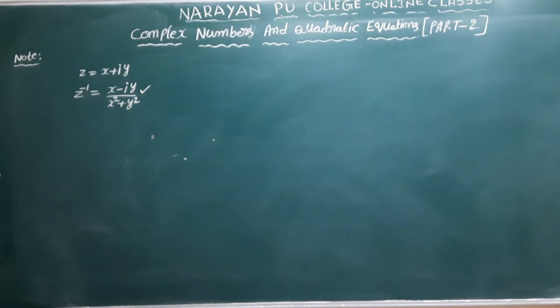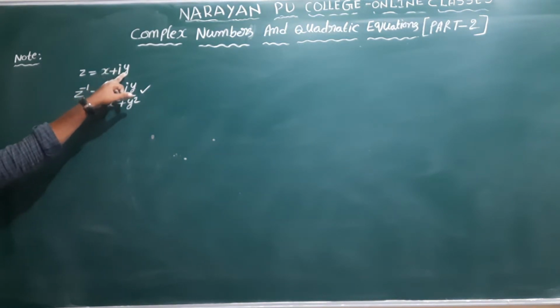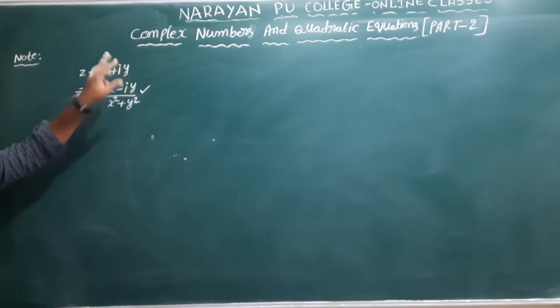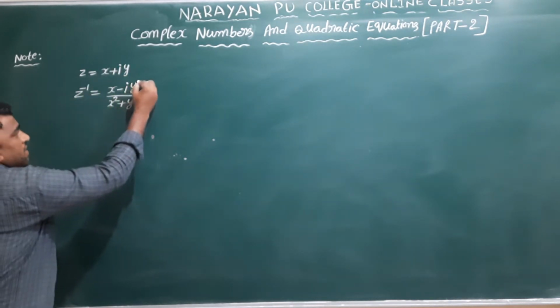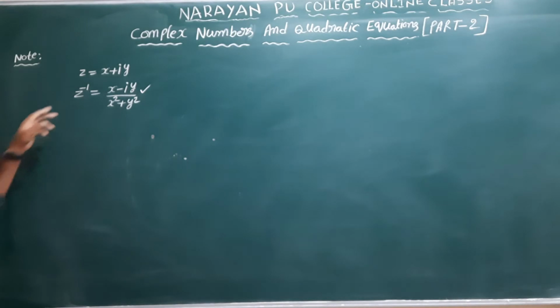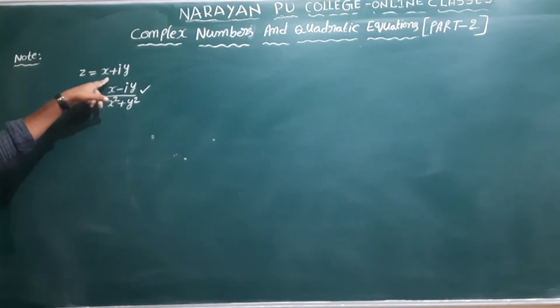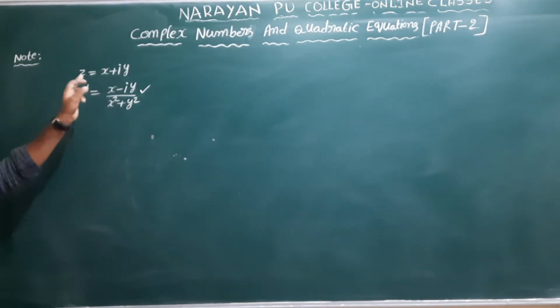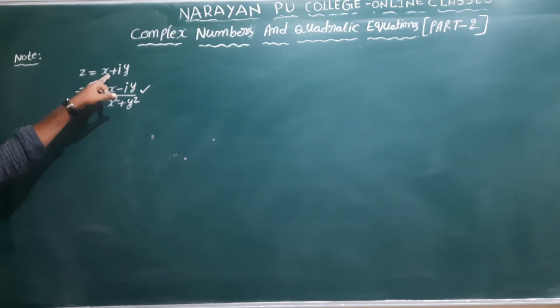Calculating the multiplicative inverse: if you observe, z equal to x plus iy, what is the conjugate of this? x minus iy. That conjugate is there in the numerator. Next, the modulus of this is root over x square plus y square. Modulus of z we denote by mod z. If we square both sides, mod z square equals x square plus y square.